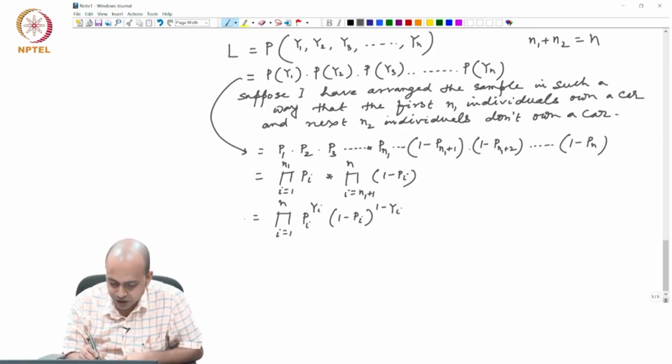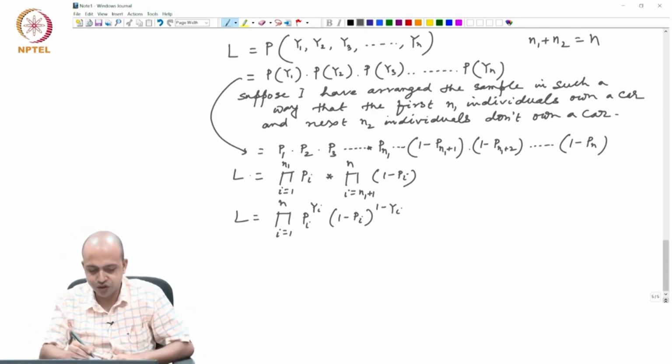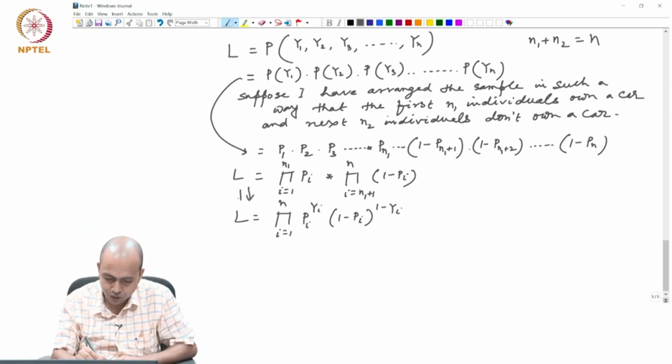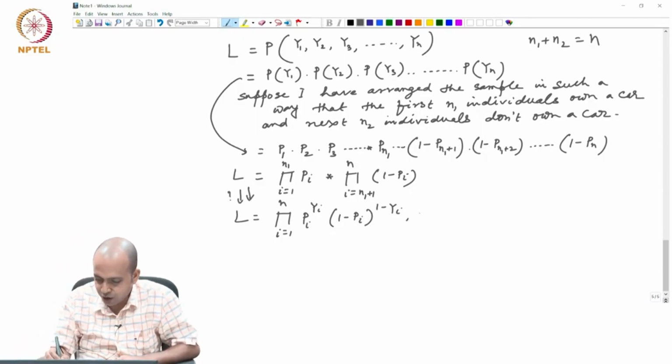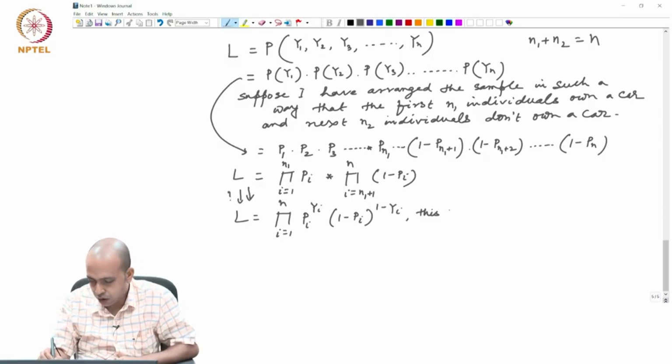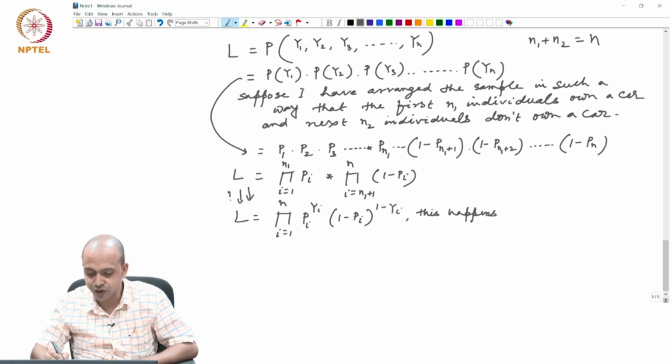Now, this step is a little interesting. From this step to this step, you need to understand how I could write this. See, this happens because yi equals 1 for the first n1 observations, and if yi equals 1, then this would become pi, and yi equals 0 for the next n2 observations, that is why it will become 1 minus pi, because this would become 0.